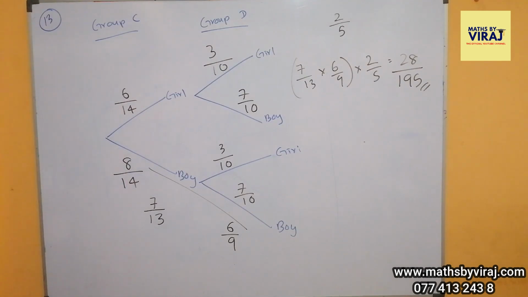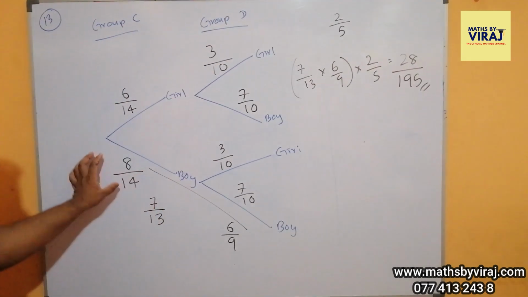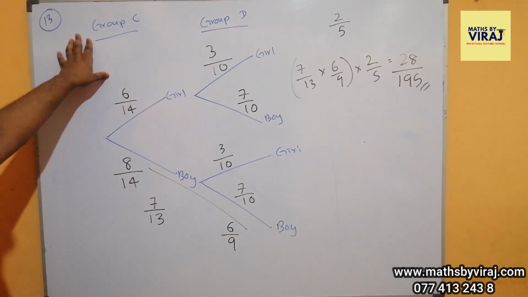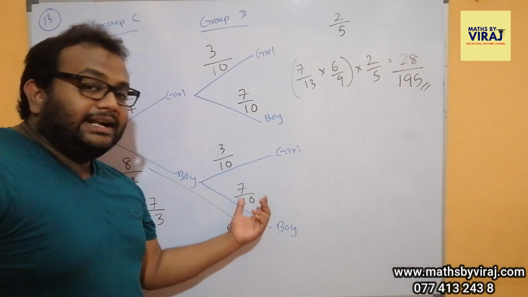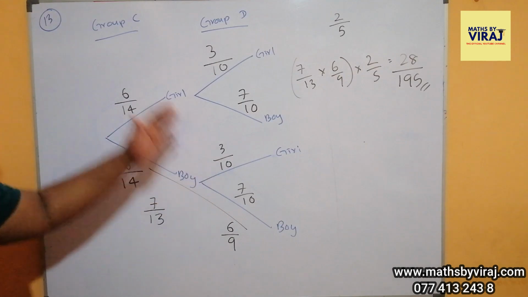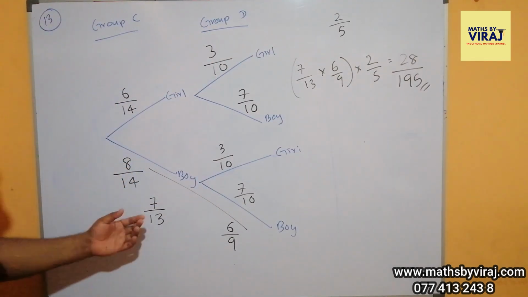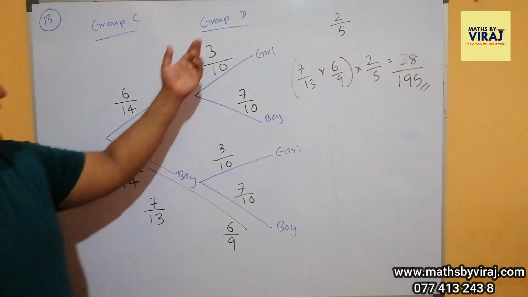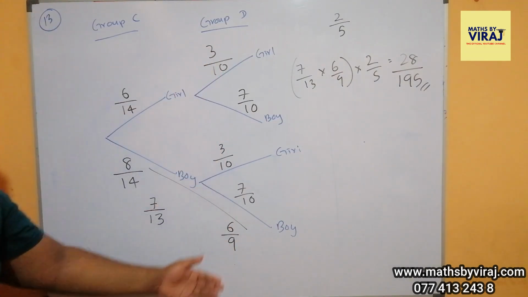First, we calculated the probability of getting 2 boys from group C and group D. Therefore, originally we had 8 boys and the total number of children was 14 in group C, and in group D the total number of boys is 7 and the total number of children is 10. Since we have picked 2 boys from each respective group, now we have a total number of children of 13 in group C and total number of boys as 7, and in group D we have total number of children to be 9 and total number of boys to be 6.